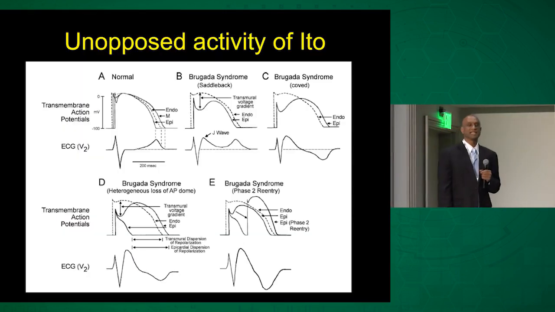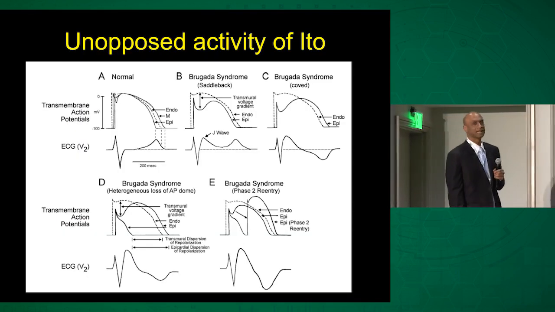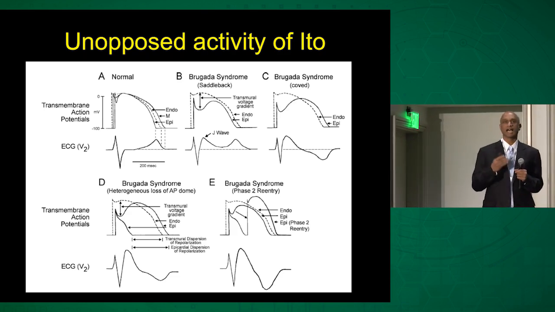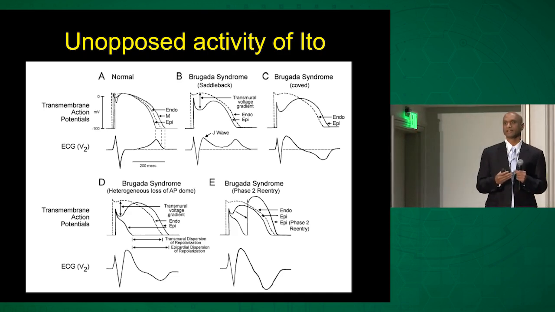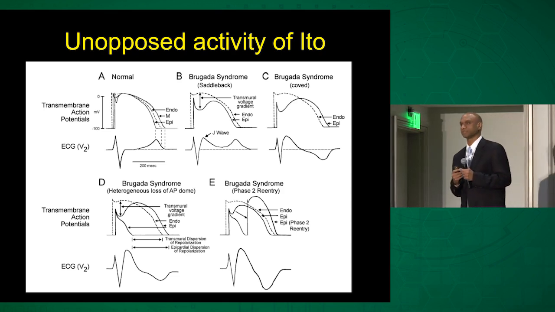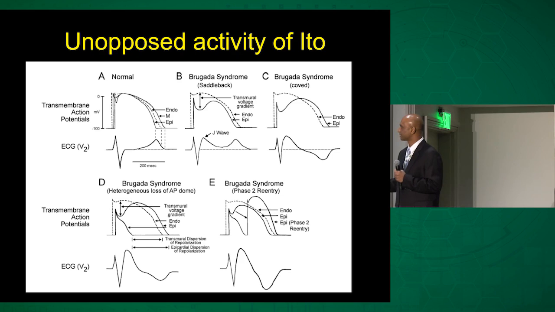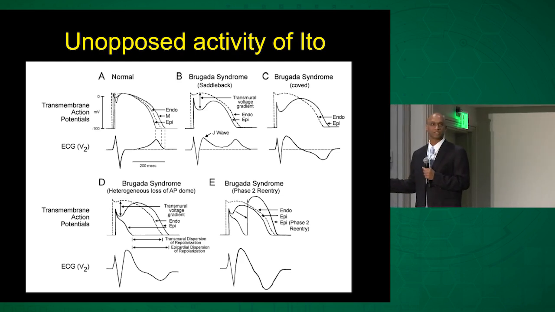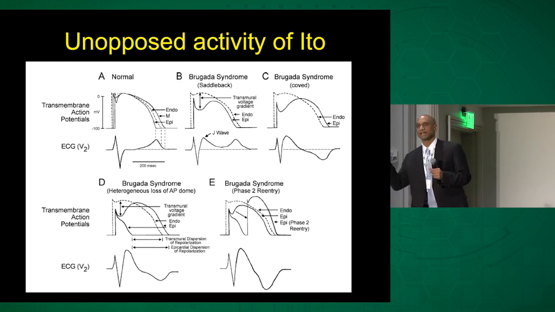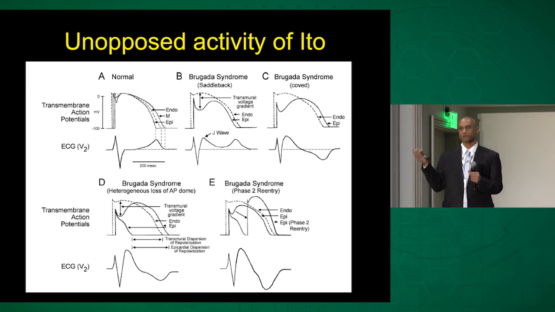The main problem that is seen with Brugada syndrome is unopposed activity of the ITO channel and ITO current with the sodium channel mutation. Normally, the ITO is responsible for this repolarization notch, and the sodium channel, the late sodium current, tends to oppose this.